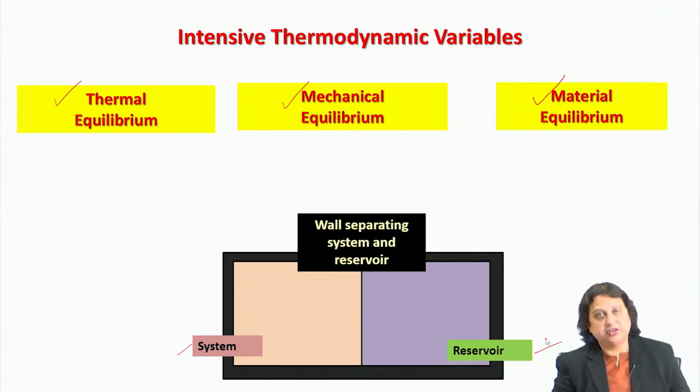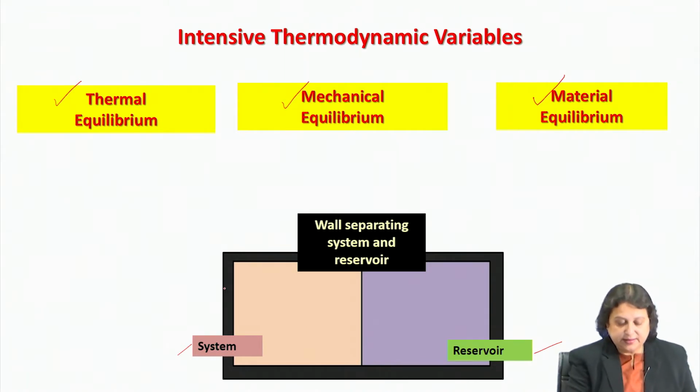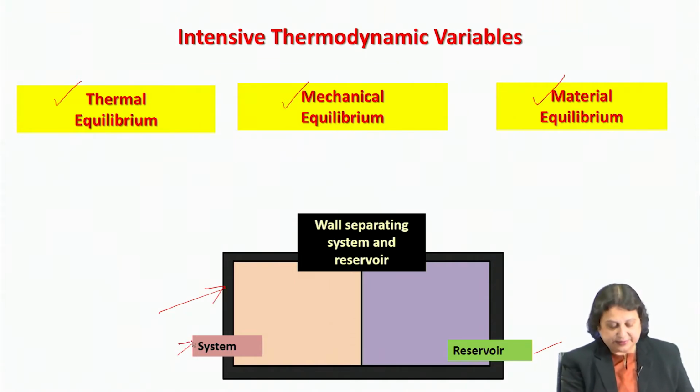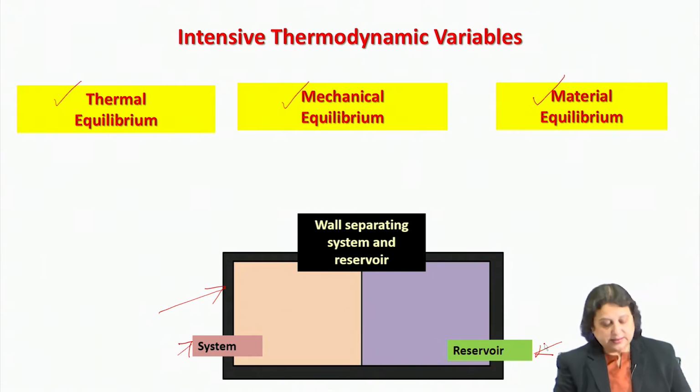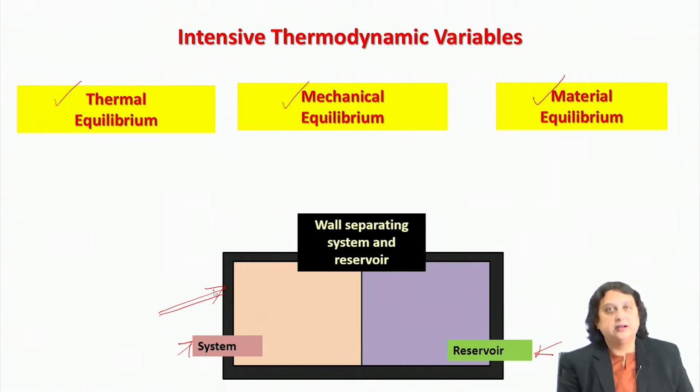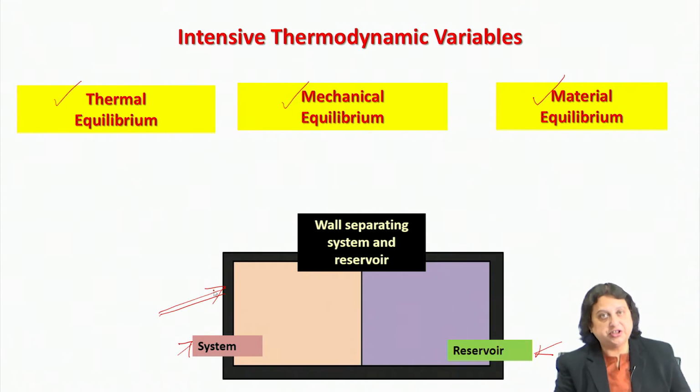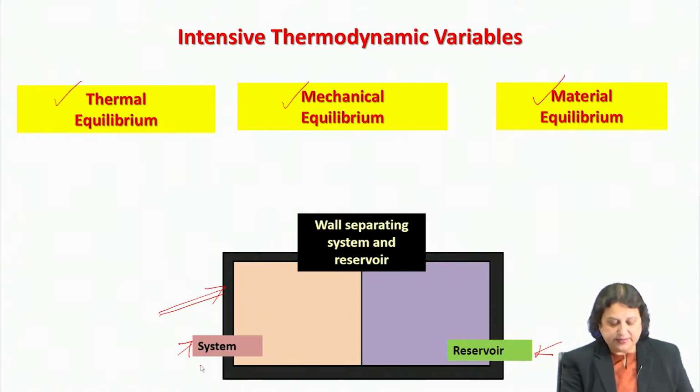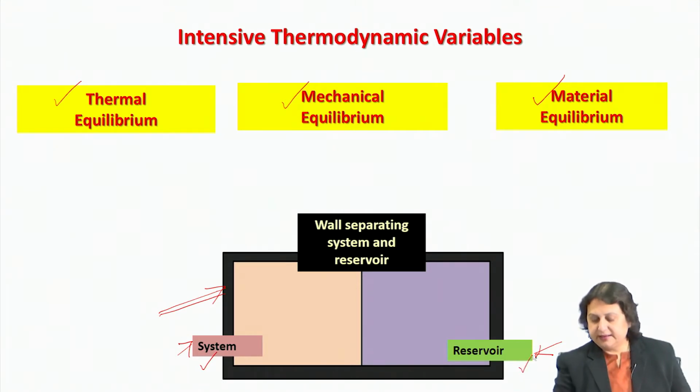So in the discussion that follows, I shall assume that this wall surrounding the given system and the given reservoir is an adiabatic, rigid and impermeable wall, and therefore the given system and the given reservoir together form an isolated setup.